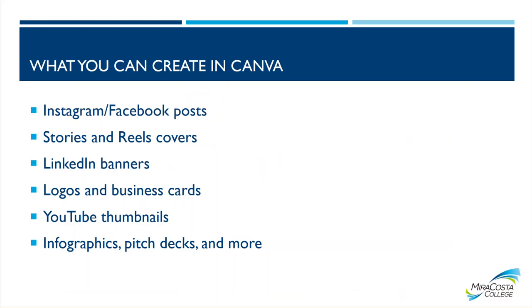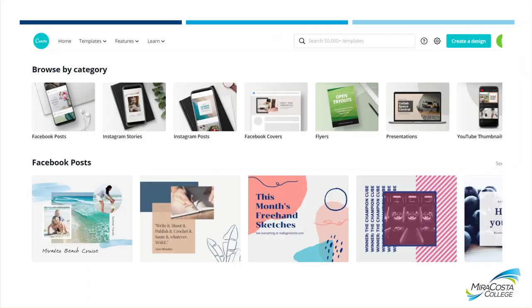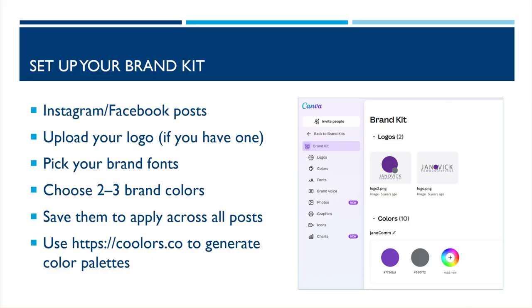So you can create Instagram and Facebook posts, stories and reels, covers, LinkedIn banners, logos, business cards, YouTube thumbnails, infographics, pitch decks, and so much more. There's so much that you can create in Canva. Here are some examples of categories: presentations, flyers, really easy to use.